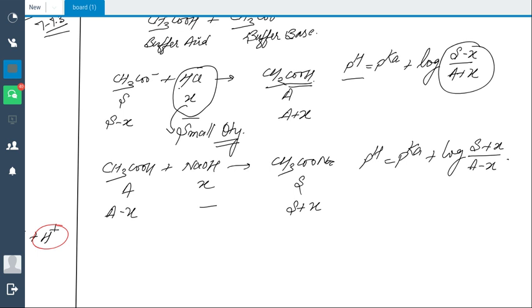Just one small thing over here I would like to tell you, that buffer capacity. Please note it down, all of you.